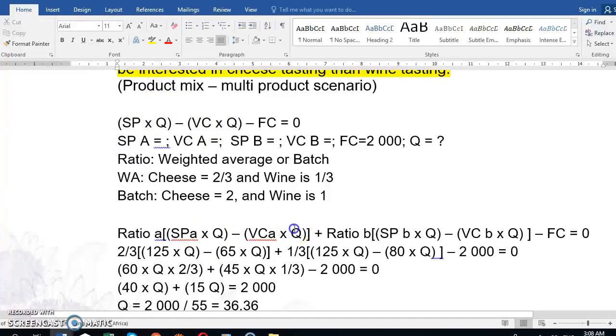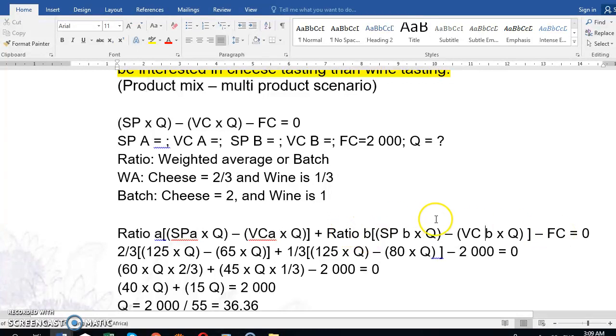We put the respective ratio in front of the selling price and variable cost of A, and the respective ratio of B in front of the selling price and variable cost for product B. We can add a product C or D, multiple products, the same principle applies, as long as you put the ratio next to the respective selling price and variable cost. But very importantly, lots of students make this mistake: there's no ratio attached to the fixed cost, because the fixed cost is not dependent on a product.